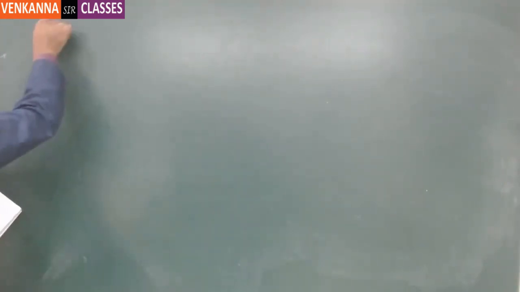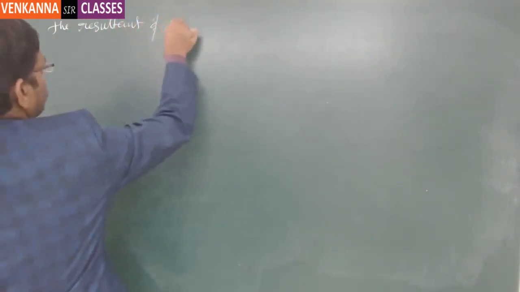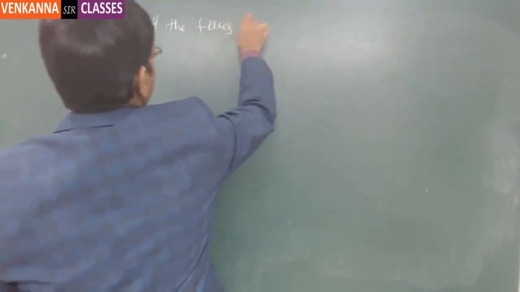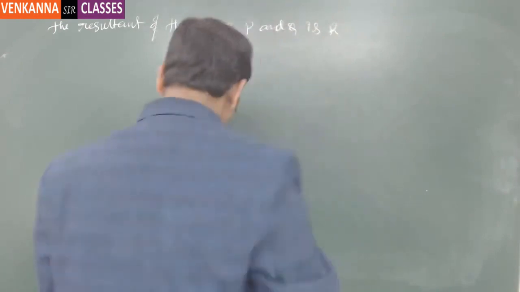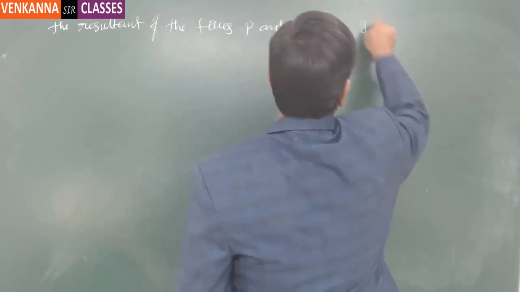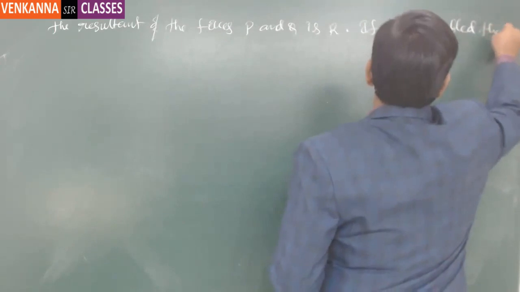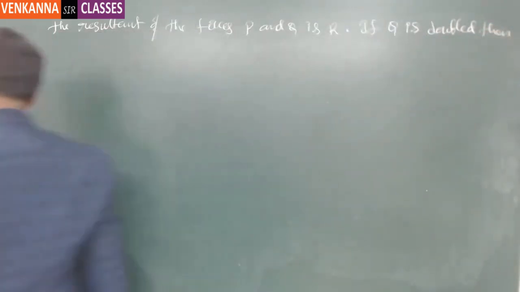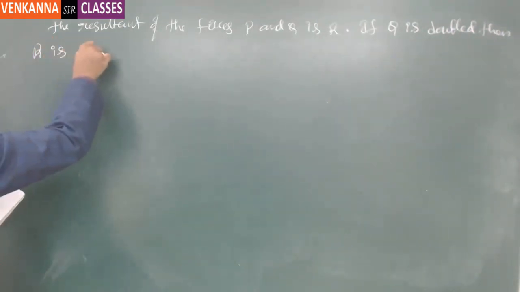The resultant of the forces P and Q is R. If Q is doubled, then R is doubled in magnitude.